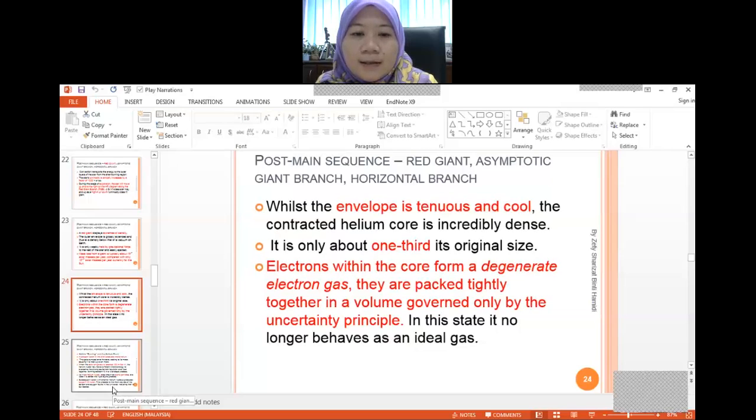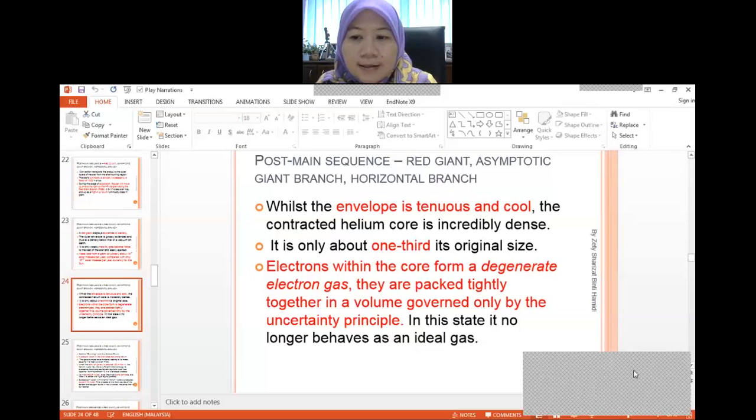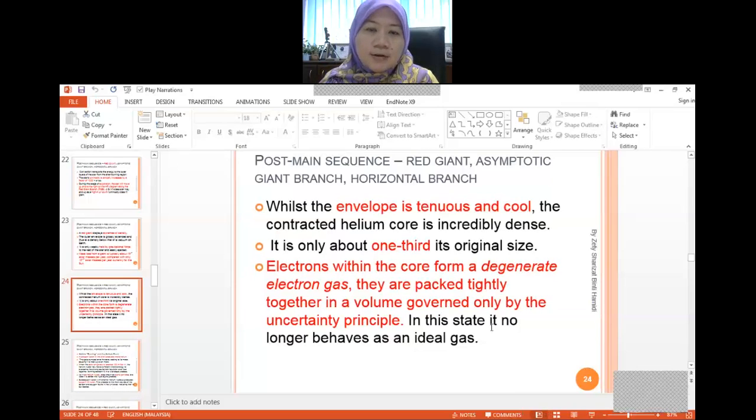Okay, and in this case, what happens is the electrons within the core will form a degenerate electron gas, because the temperature will be decreasing, and they are packed tightly together in a volume governed by the uncertainty principle. So this is based on Max Planck, where we do have the uncertainty principle.